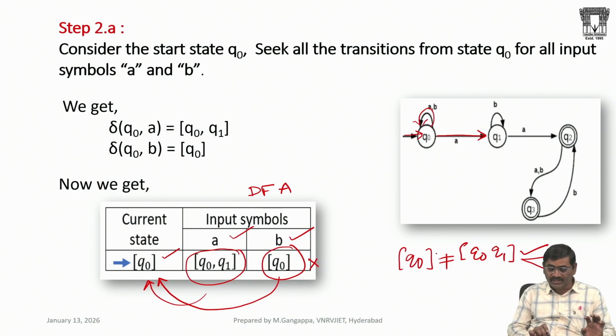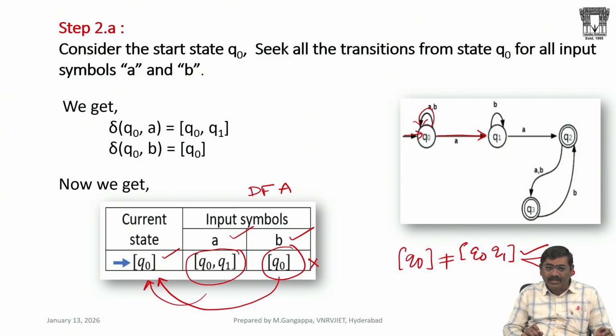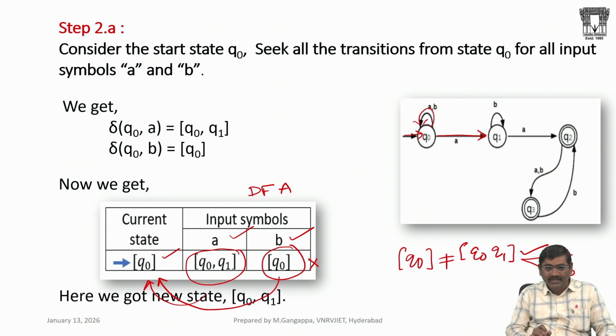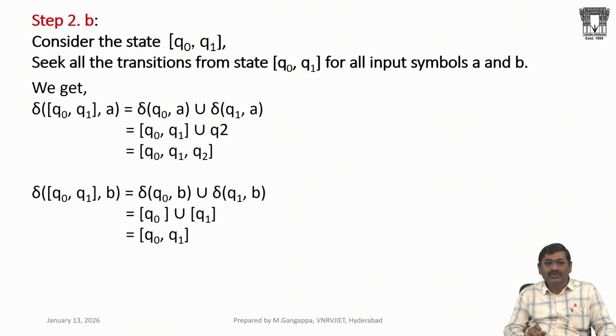This step is repeated until no more next states are generated in column A and column B of the DFA table. Now we are going to perform the transition on the next state Q0 Q1 with input A and B. So let us see that.